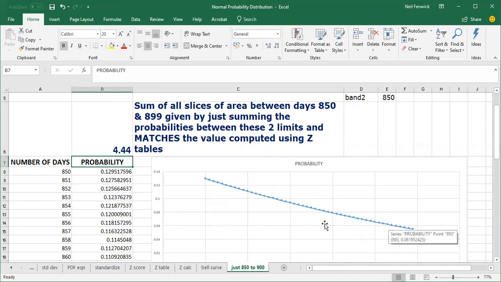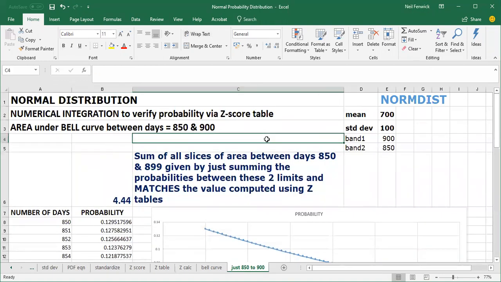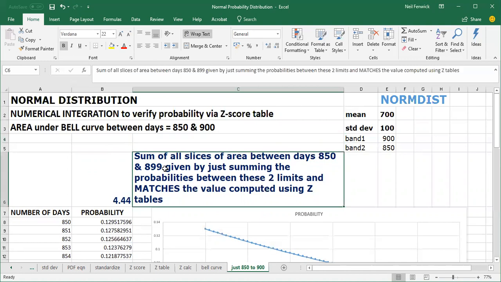Area under a curve: we're adding 50 rectangular slices of width 1 day, and we get a value of 4.44, which verifies our z-score. So we've tied together a normal probability distribution function and how we can verify our computations using the z-score values with numerical integration.